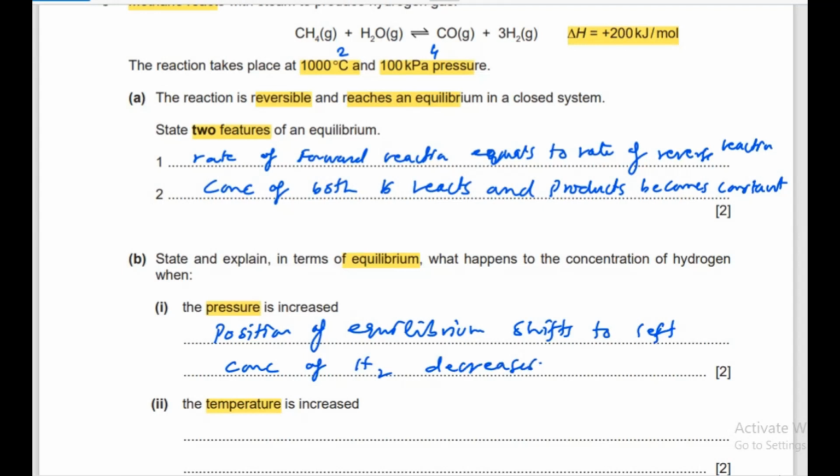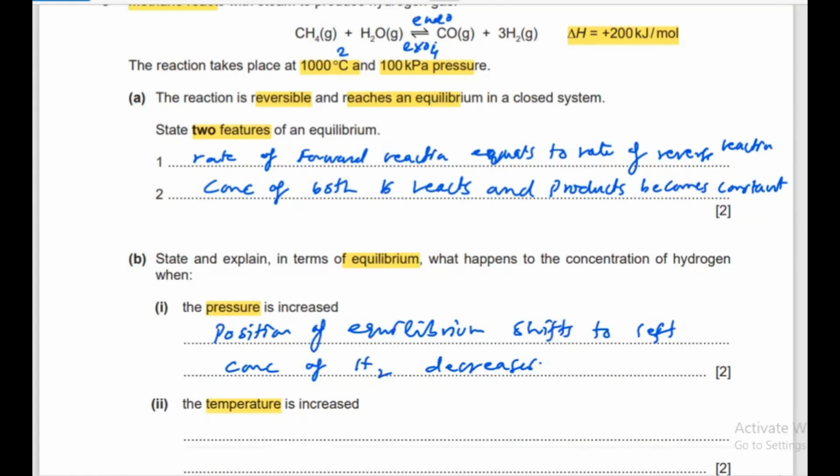The temperature is increased. Whenever you have to look at the effect of temperature on a reversible reaction, just look at the enthalpy change. The enthalpy change is positive, so the forward reaction is endothermic, and the reverse reaction is exothermic. So if the temperature is increased, the equilibrium shifts in the direction that can minimize the effect of increased temperature. In the forward direction, the heat is used up.